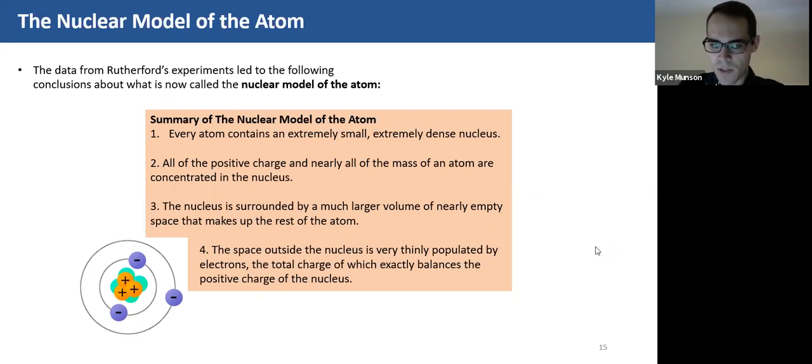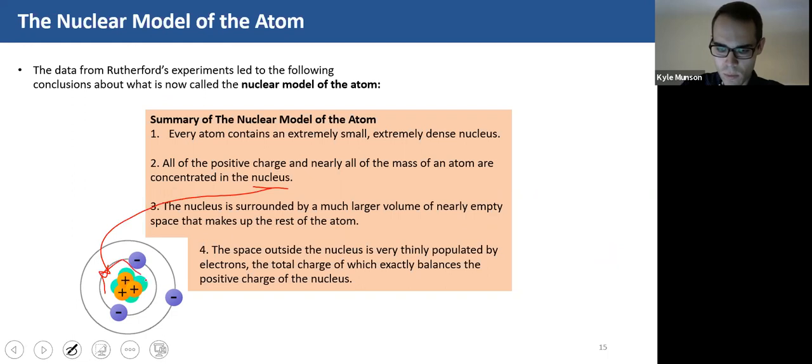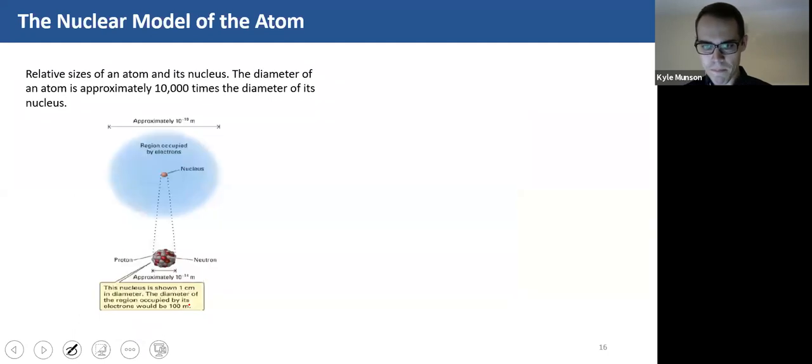And this is the model we saw before. This is the nucleus, right there, and these are the electrons that surround it. If we look at this a little closer, the relative sizes of an atom and its nucleus are shown here. The diameter of an atom is approximately 10,000 times the diameter of its nucleus.